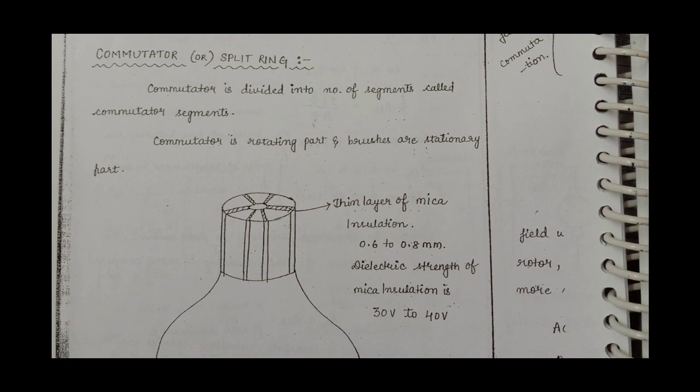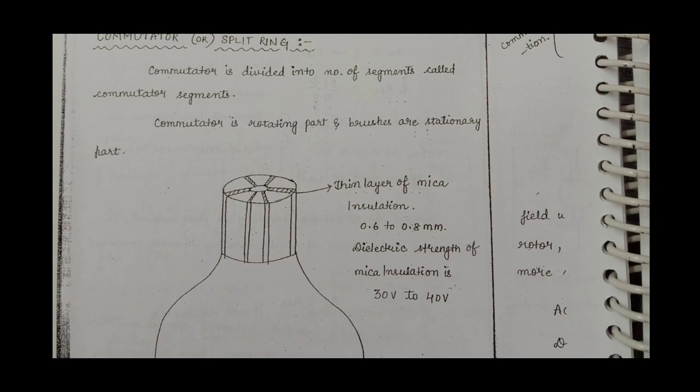The commutator is divided into a number of segments called commutator segments. So actually the commutators are segments. If it is not segmented, then it is a slip ring, not a split ring.